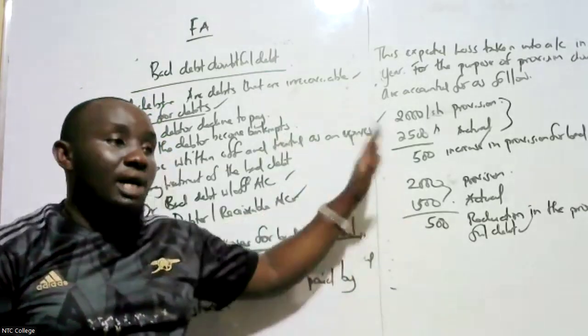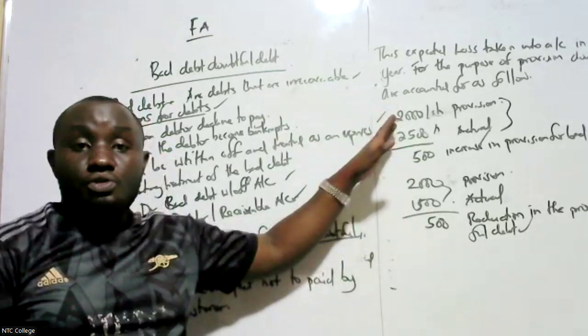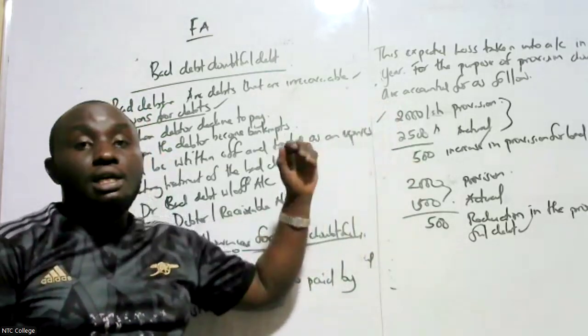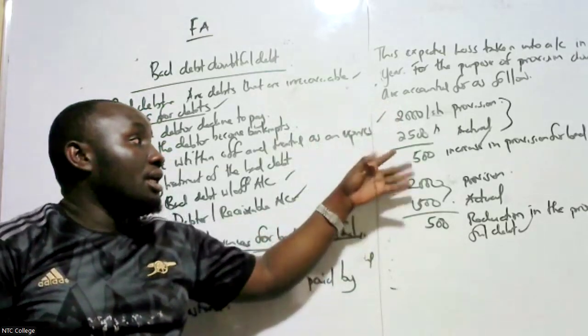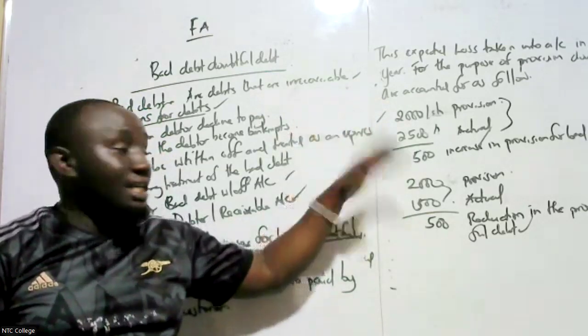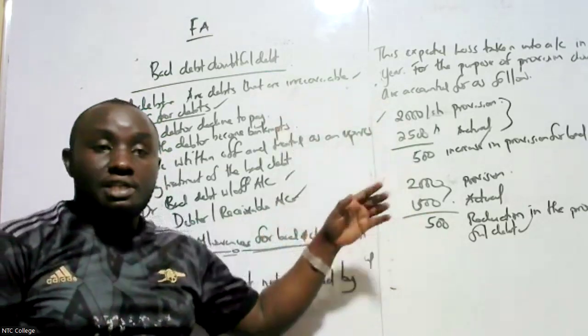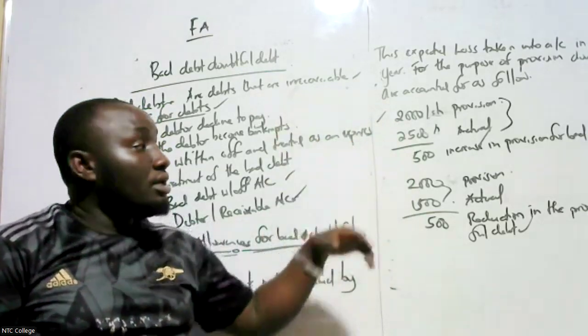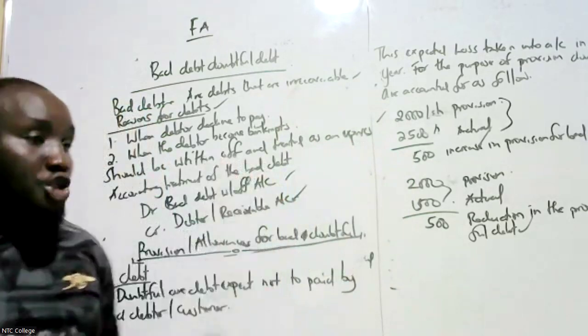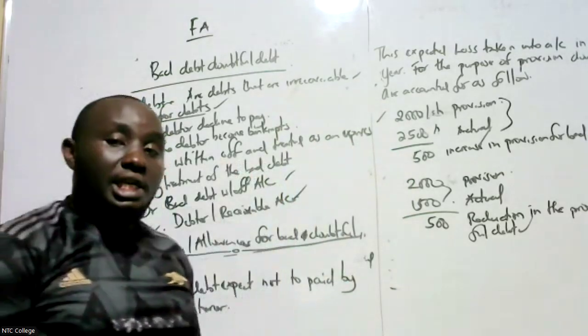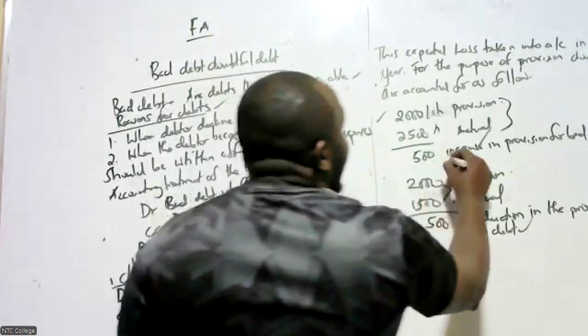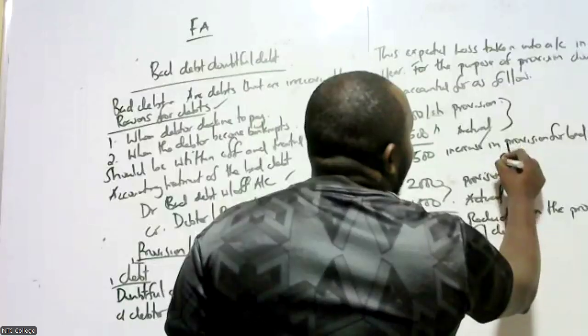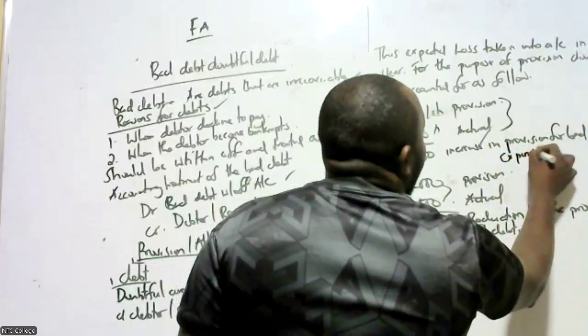So in both scenarios together, in scenario 1 the provision that was made was 2,000, but the actual amount of bad and doubtful debt at the end of the year we find to be 2,500, implying that we have an increase in provision altogether. An increase in the provision for bad and doubtful debt is treated as an expense.